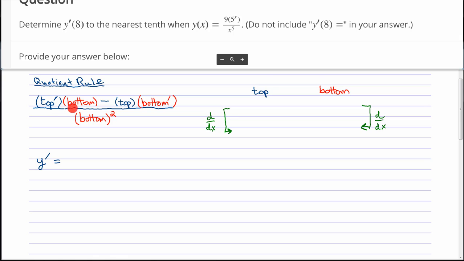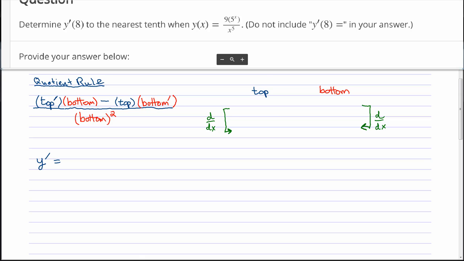So right here I've got the quotient rule written down, at least how I remember it: the derivative of a quotient is the derivative of the top times the bottom, and then subtract the top function times the derivative of the bottom, and then all divided by the bottom squared. So that's our quotient rule.